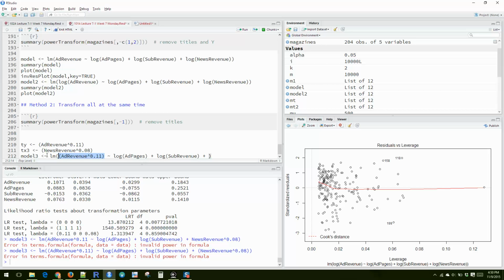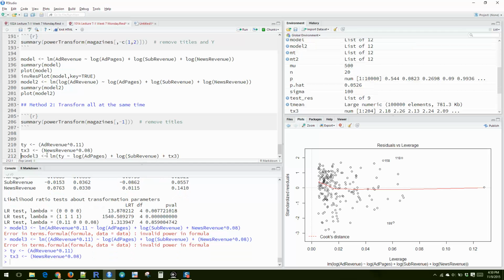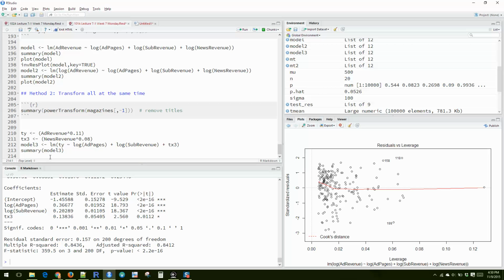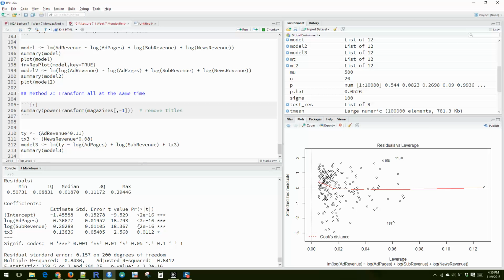Sorry. TY and TX3. Okay. So we're going to do this, and we do that. And we ask for summary of model 3. That looks pretty good. I mean, it's hard to tell, but everything's coming out significant, which is nice.